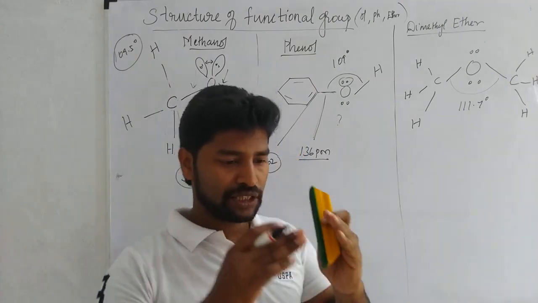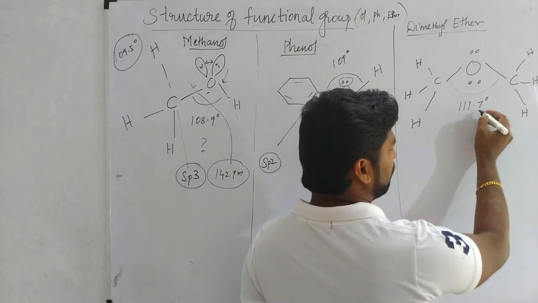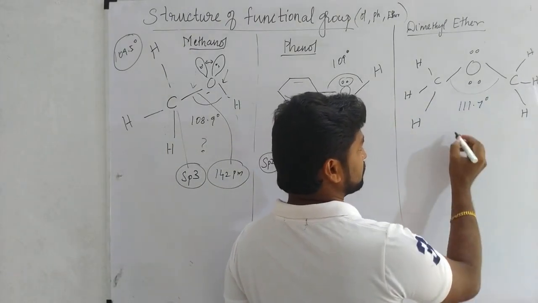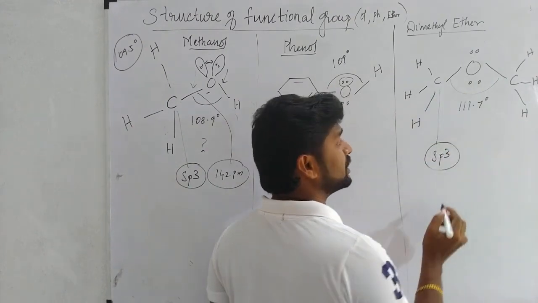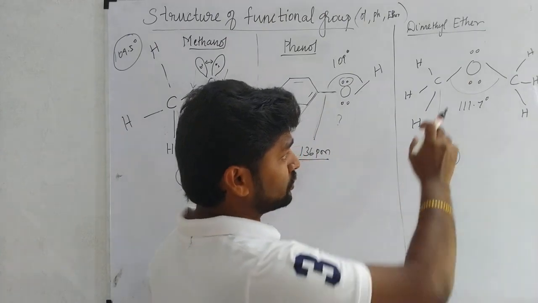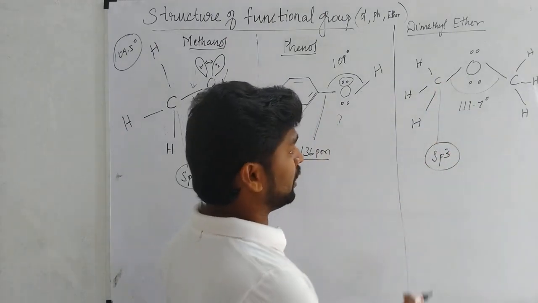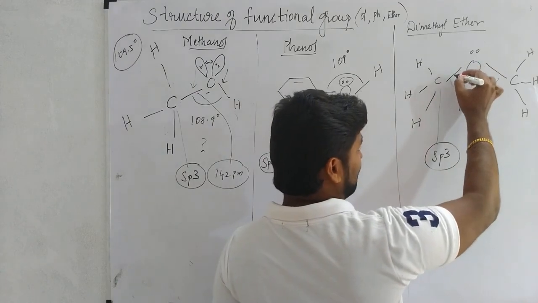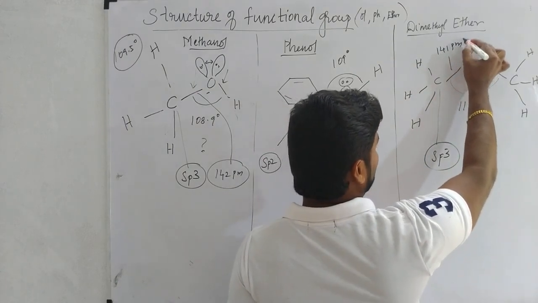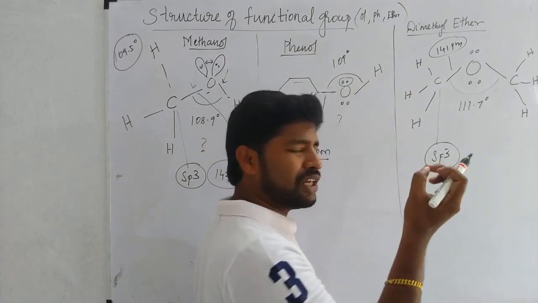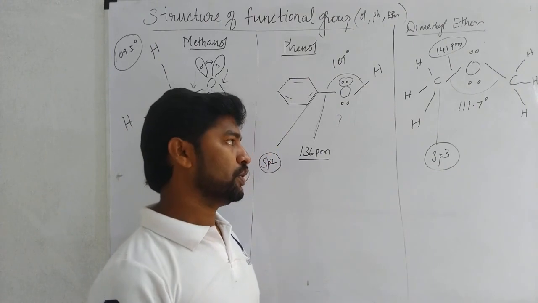So that is the reason the bond angle was increased a little bit to 111.7 degrees. The alkoxy groups are attached to the sp3 hybridized carbon, and the bond length is 141 picometers. There is not much difference, only a little bit.